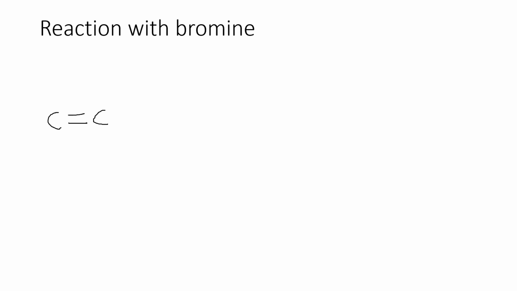So here's ethene. And then bromine is Br2. So bromine bonded to bromine via a covalent bond.